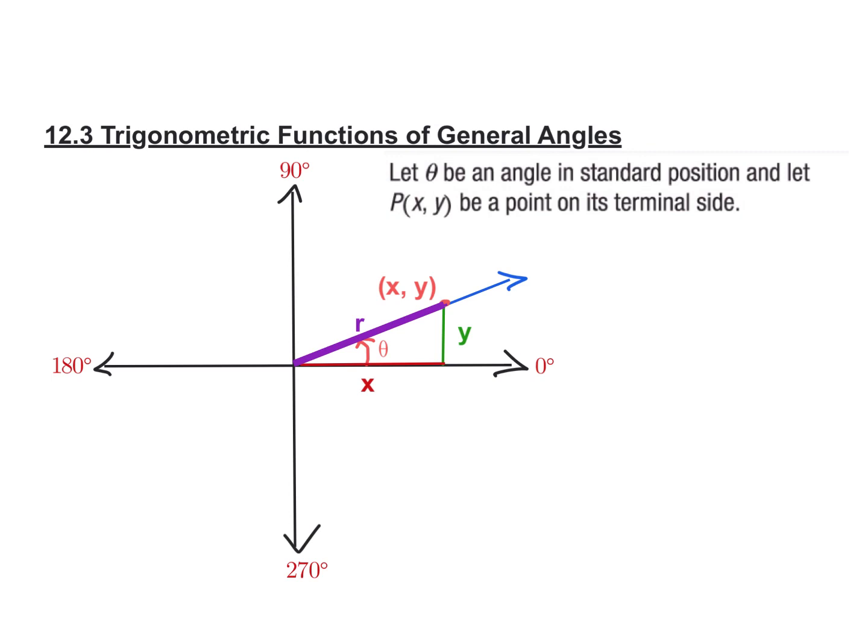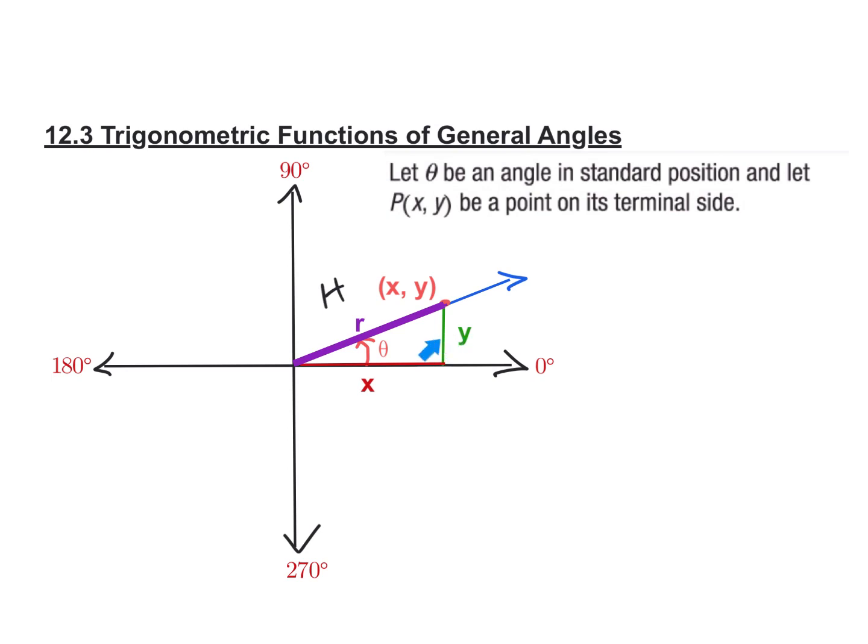Now, the thing that's nice about this is everything that we already know about trig, everything that we already know about right triangles is true. Okay? So for example, if I were to look at this angle right here, we've already discussed that this radius r is the same as the hypotenuse.